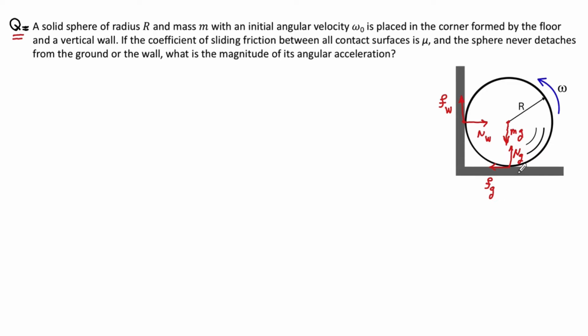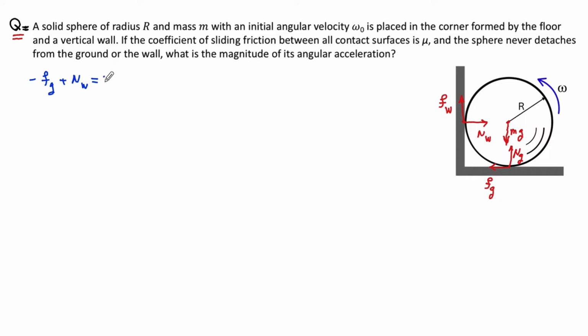So let's start with the horizontal forces. Fg is to the left, so minus Fg. The other horizontal force is Nw. Nw and Fg are the only two forces in the horizontal direction, plus Nw, and since the center of mass of this sphere doesn't translate, there is no translational acceleration.